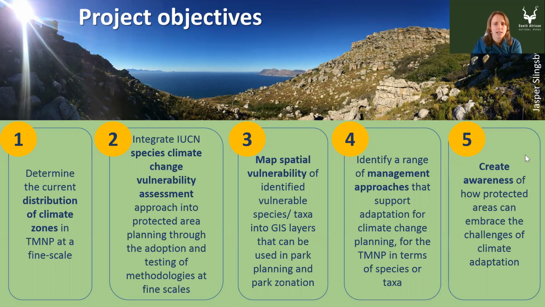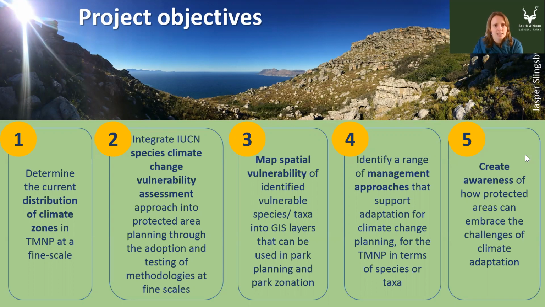And then we wanted to see how these unique climates and species map spatially and what we can learn from that, and what management actions we could potentially implement to reduce vulnerability of species and sites. And then finally, to use the learning that we've generated through this project to create awareness for other protected areas of how they might do something similar.